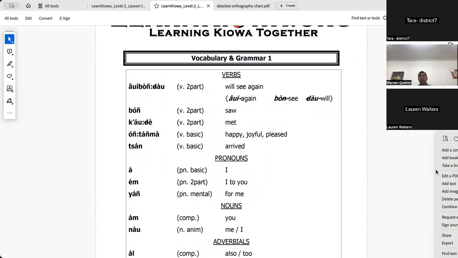And so we say like "I bone da," and that means we will see you again, and it breaks it down. I, like we said, is again. Bone is to see, and then da is like future, will.